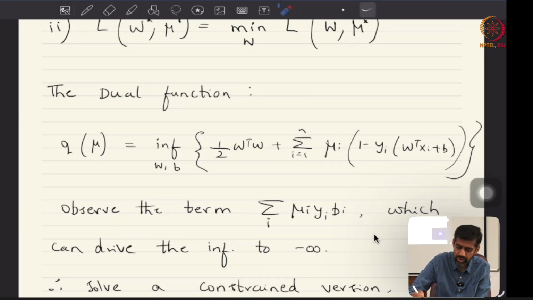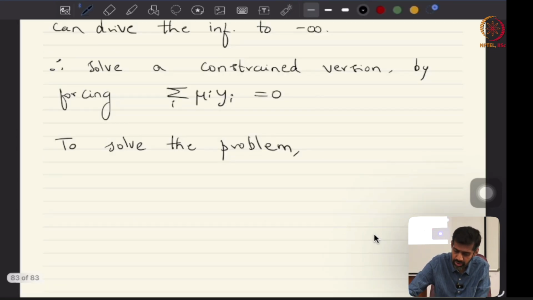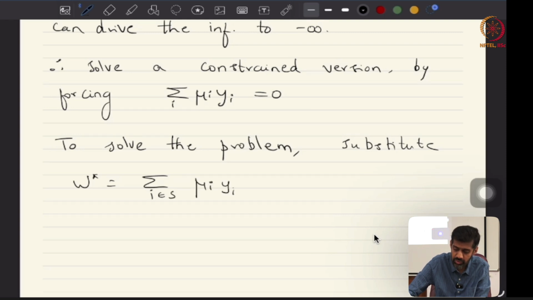So what we should do to solve the above problem is substitute w star equal to the sum over i over support vectors of mu i y i x i, correct. This is the one, and b star, the optimal b star.